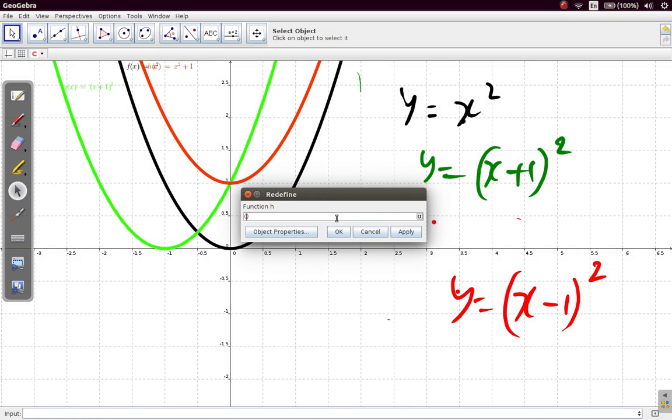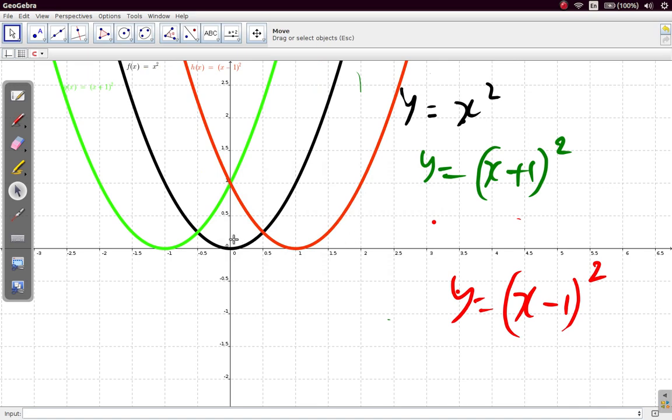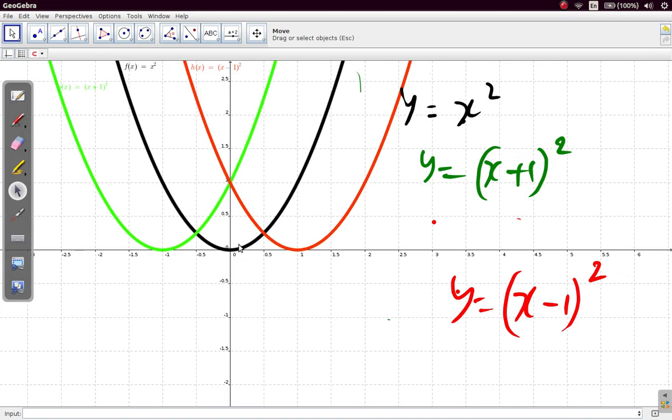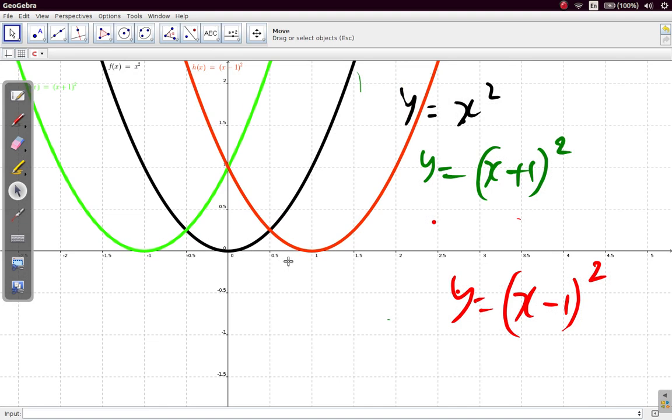Open bracket, x minus 1 close bracket raised to the power of 2. Look at what happened. The red graph is y equals x minus 1 squared, and it takes y equals x squared and moves each point 1 unit to the right. So x minus 1 squared, that's what happened to it.